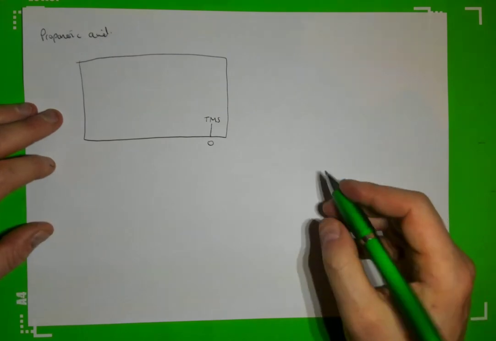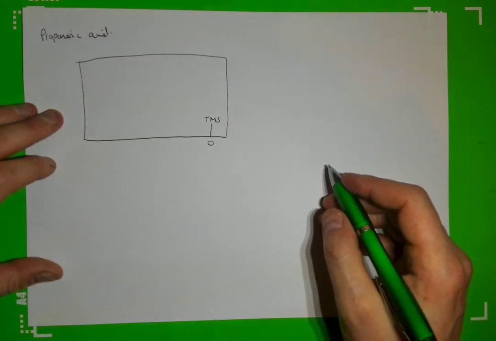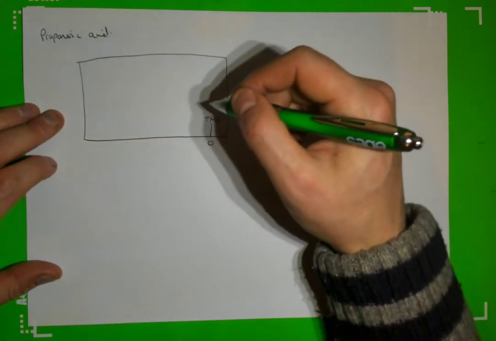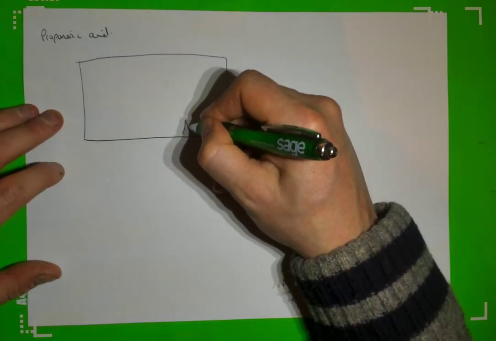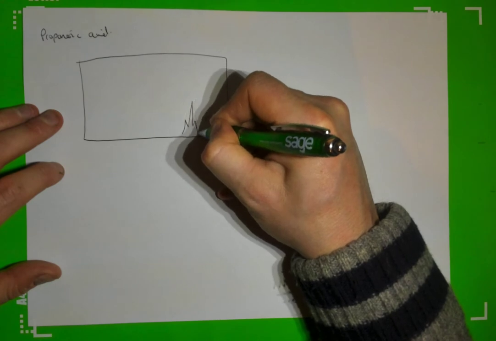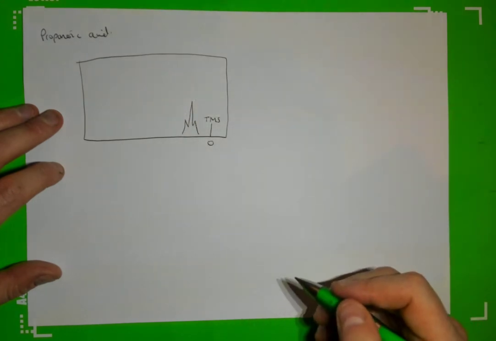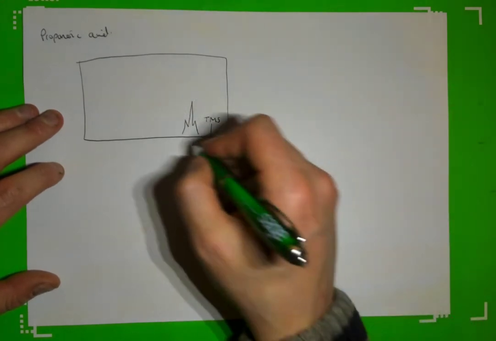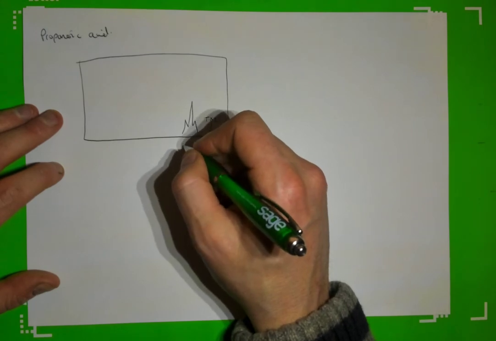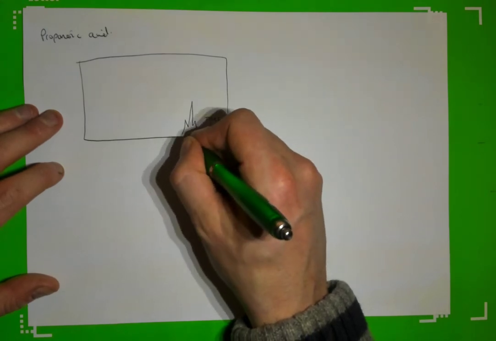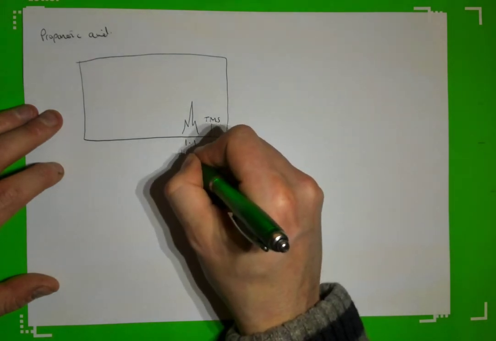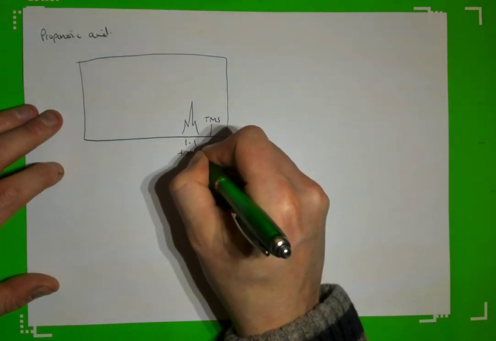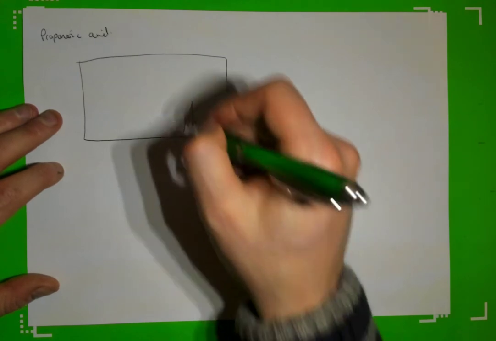Standard tetramethylsilane, we've got a triplet there, so that's a triplet, and that value there is 1.1. So it's a 1.1 triplet, and the integration ratio here is 3.